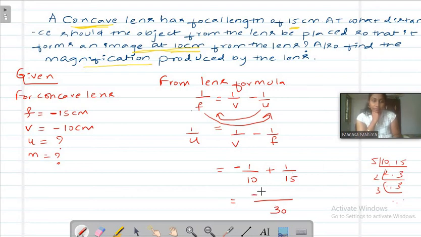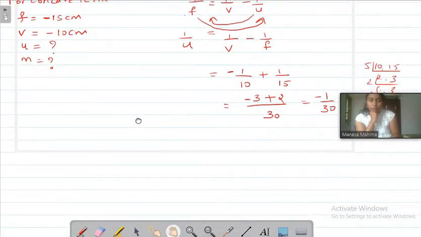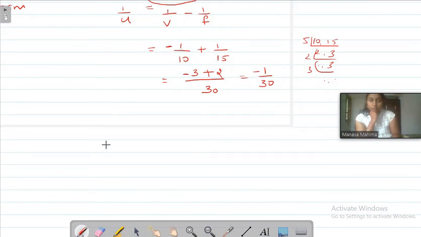So if I write this, minus 3 plus 2 is minus 1 by 30. So if I solve for u, we will get u is equal to minus 30 centimeter.